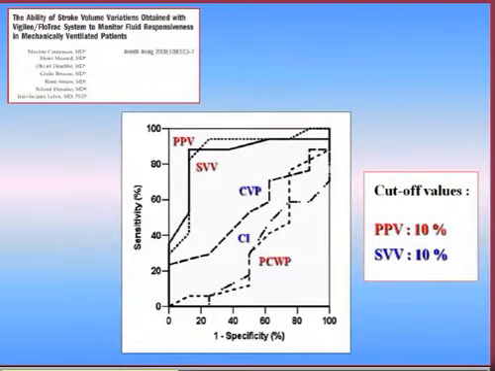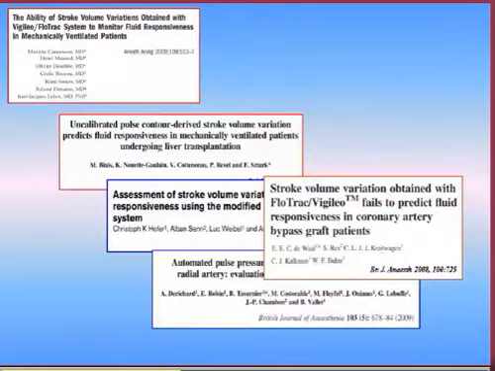Also, the paper by Cannesson and co-workers demonstrated exactly the same results, with cutoff values of 10%. And there are also two other publications recently published demonstrating the same results. But there is also another publication by Deval and co-workers showing that this system failed to predict fluid responsiveness, at least in coronary artery bypass graft patients.